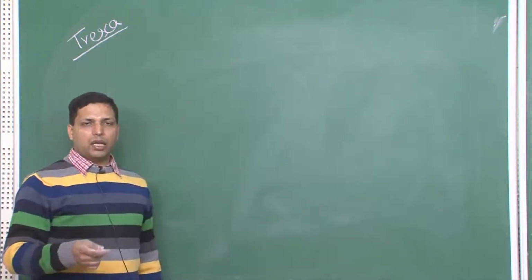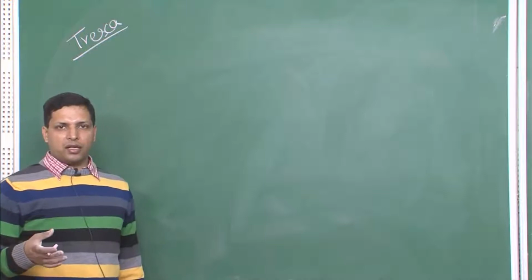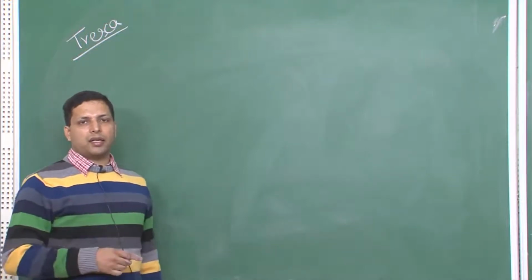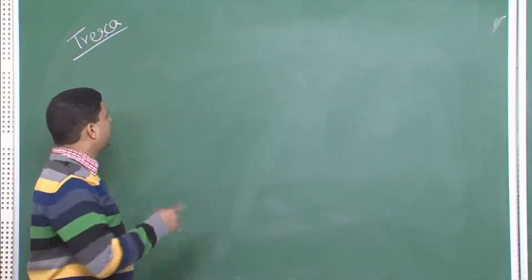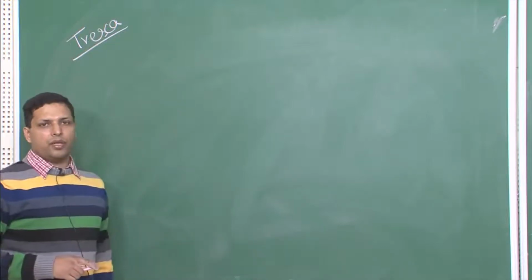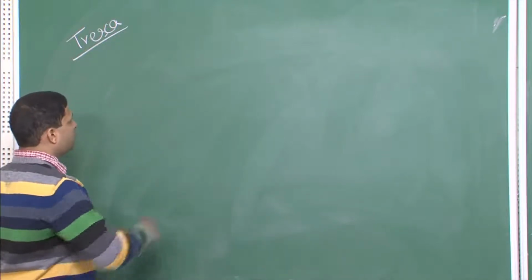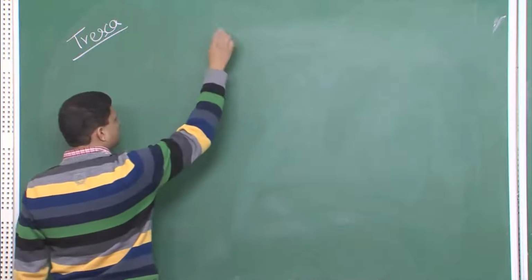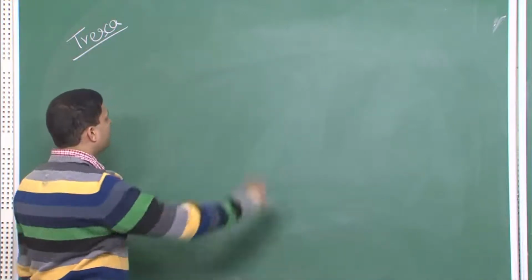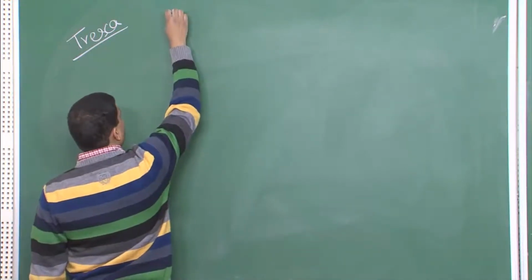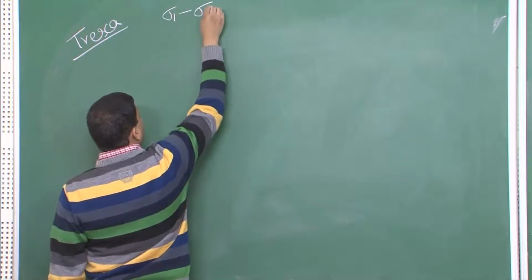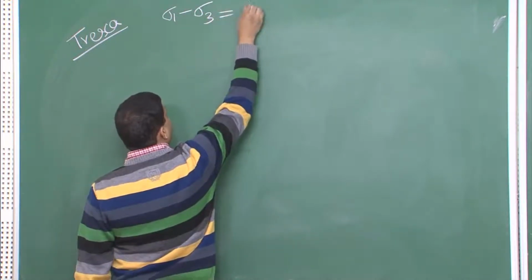So, we have to assume or have an understanding from somewhere else what particular criterion the material follows, and in this case let us say the material is following the Tresca criterion, and from the previous lecture we saw that the Tresca criterion defines the yielding condition to be like this.